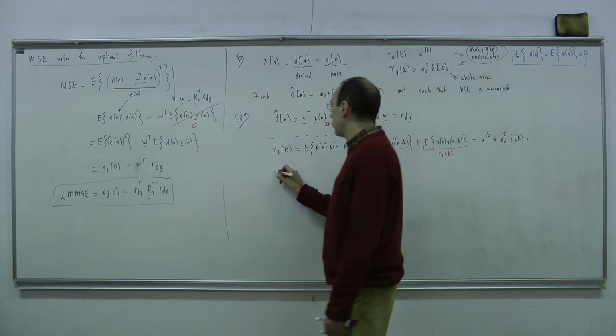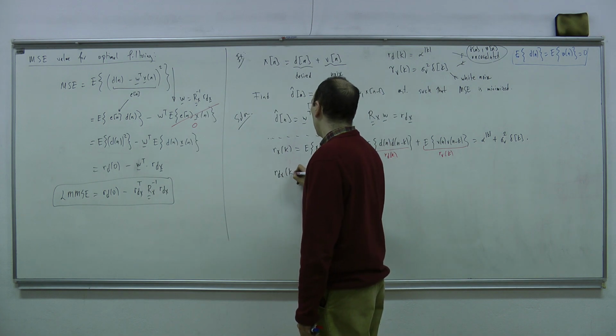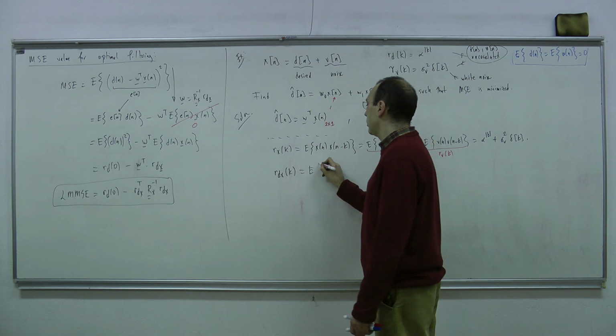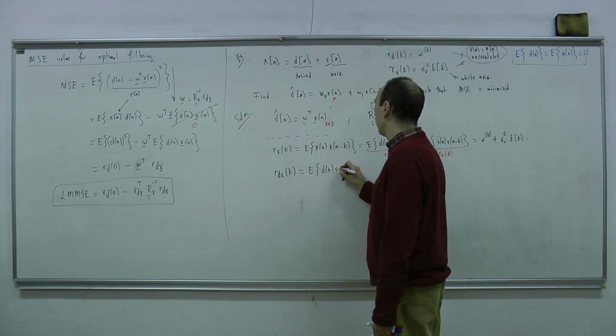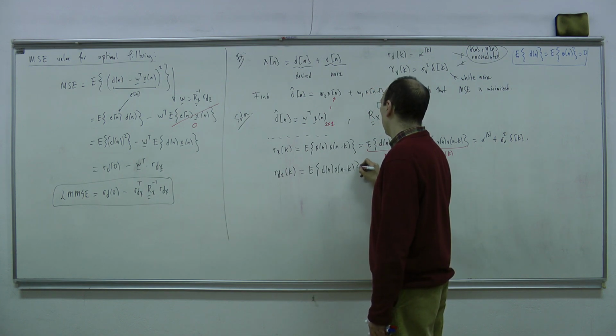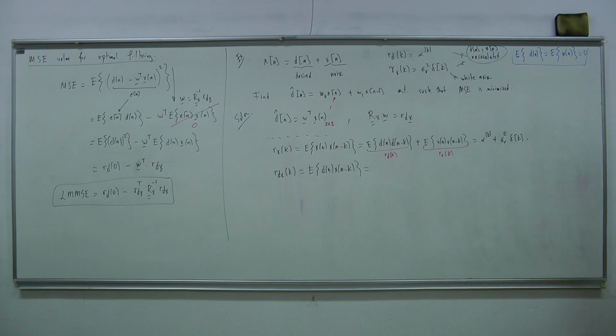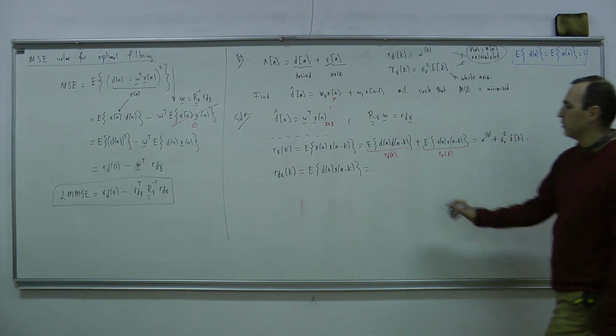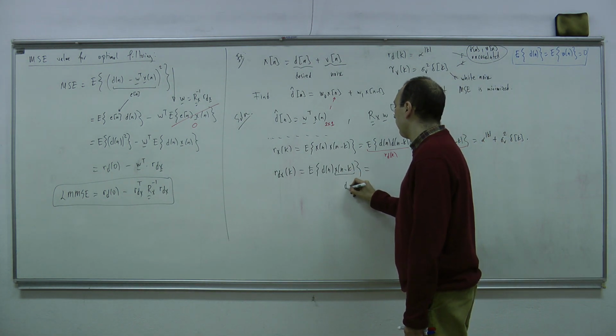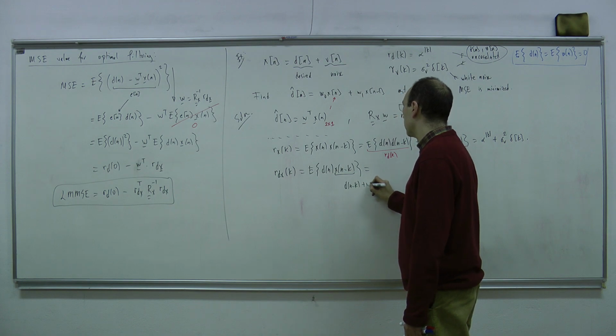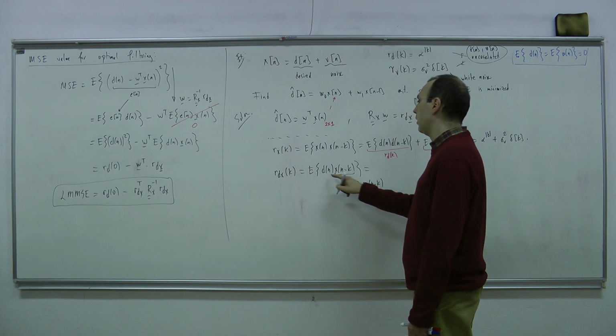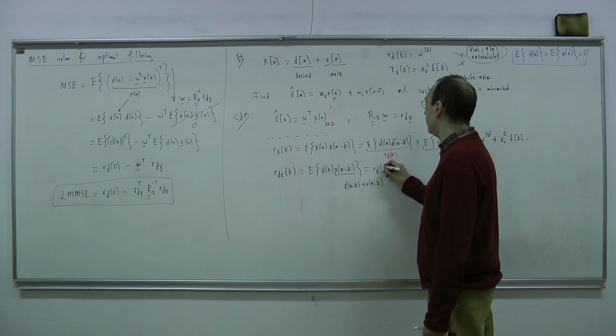So about this, rdx of k. This is expected value of d of n times x of n minus k. Well, again repeating this, this is d of n minus k plus v of n minus k. This times that gives you rd of k.